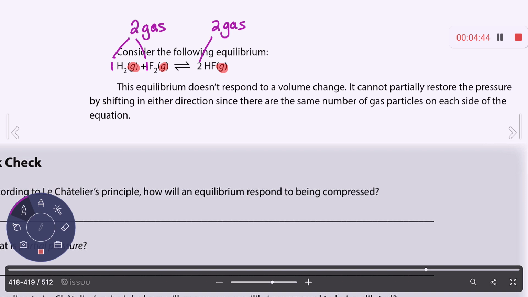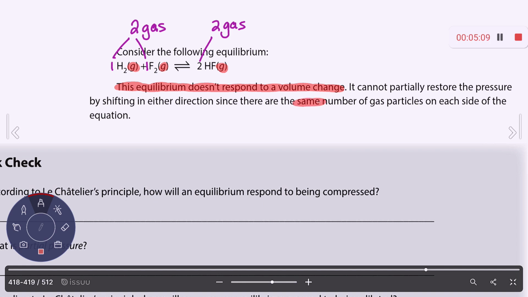When the number of particles is the same, that means if you change the volume, you actually won't observe any sort of response, okay? So here it says this equilibrium doesn't respond to a volume change. And that's because if I shift to the right or the left, since I have the same particles, I can't change the pressure.